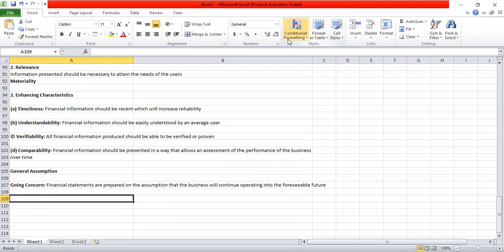So as a user, unless told otherwise, you assume that the financial statements you are presented with are for a business that will be continuing to operate for some time to come.